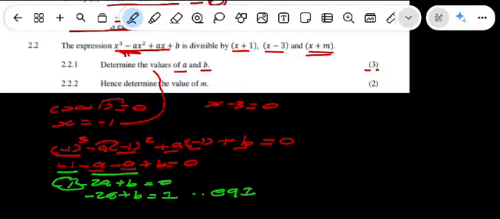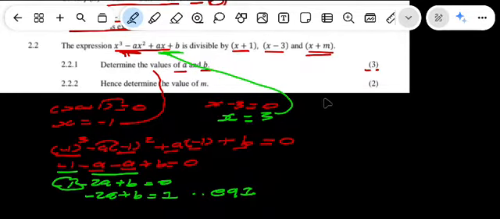So since I have equation 1, what can I use? I will use this one again. I'll just say x, take this to the other side, will be equal to positive 3. We have positive 3. Then we take this and substitute into the original equation again. You understand? We'll substitute 3 into the original equation.